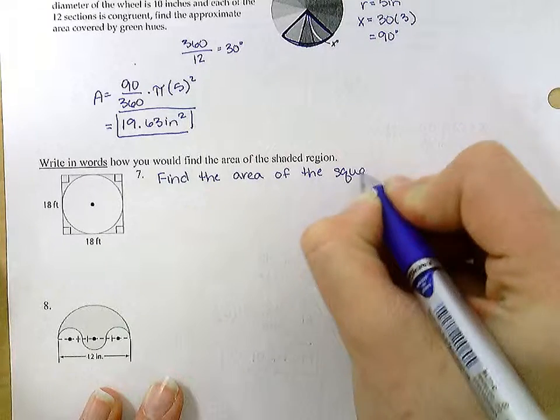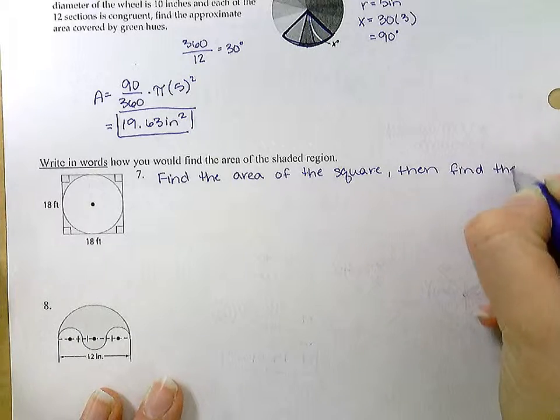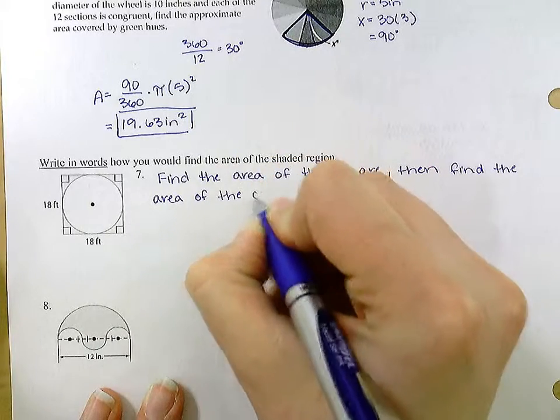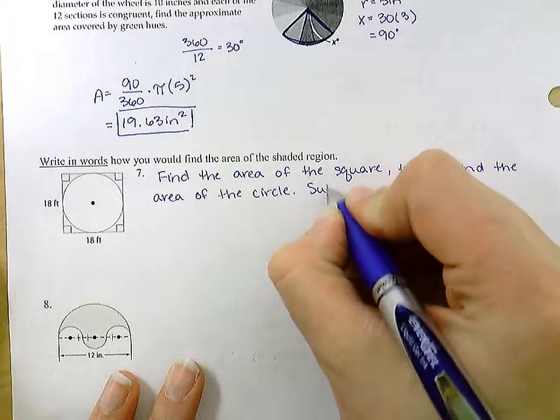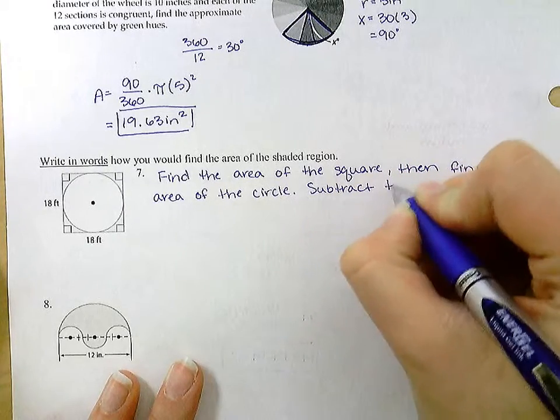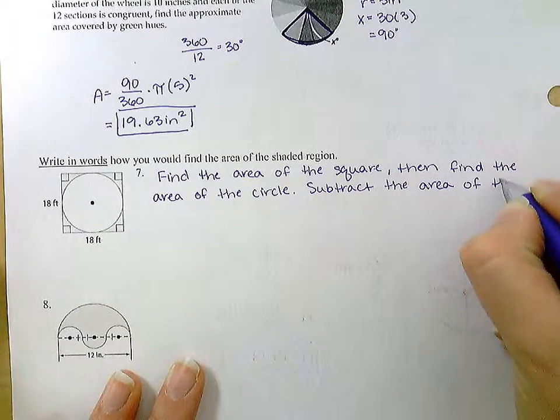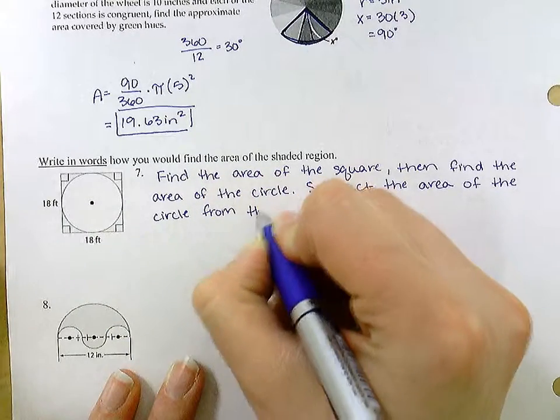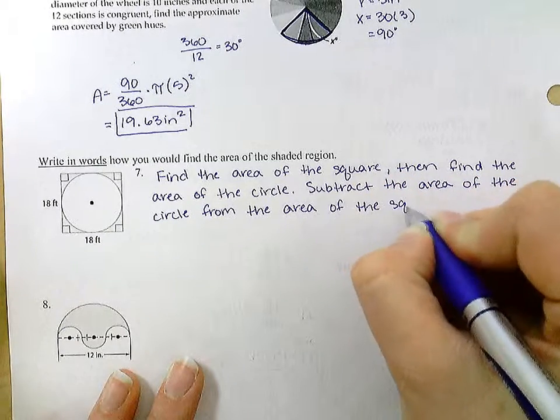Okay, so I would say find the area of the square, then find the area of the circle, subtract the area of the circle from the area of the square.